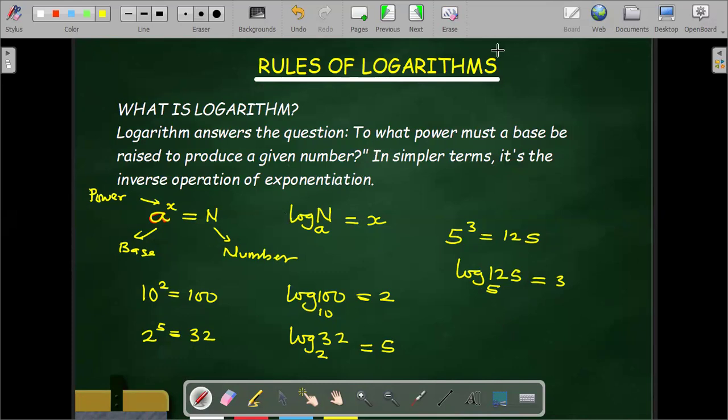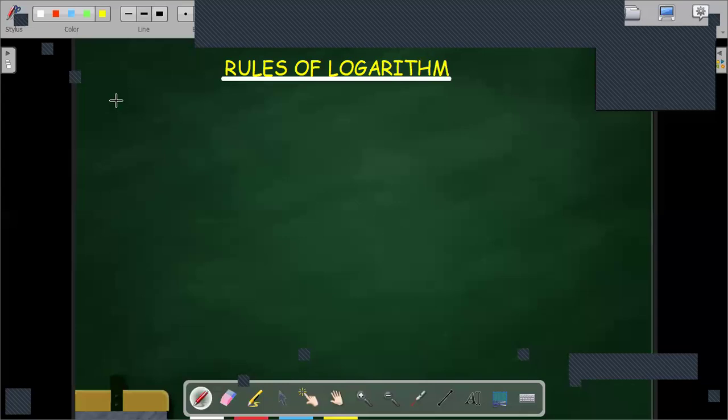Now let's look at the various rules of logarithm, or the properties of logarithm, or you can call them the laws of logarithm. The first rule of logarithm we can call the product rule.